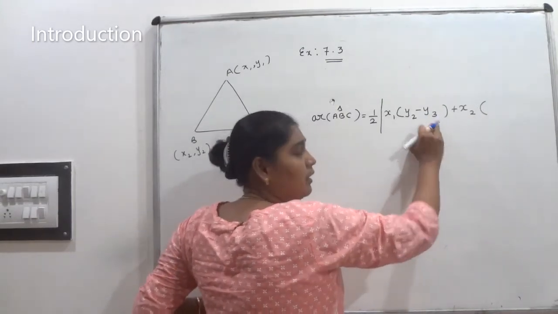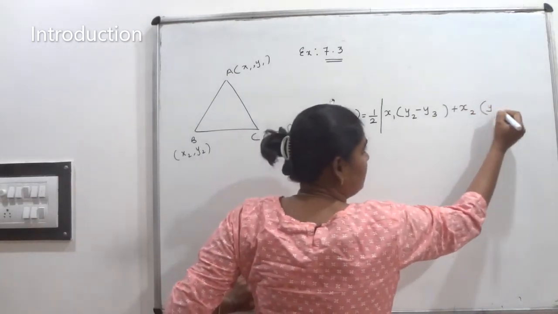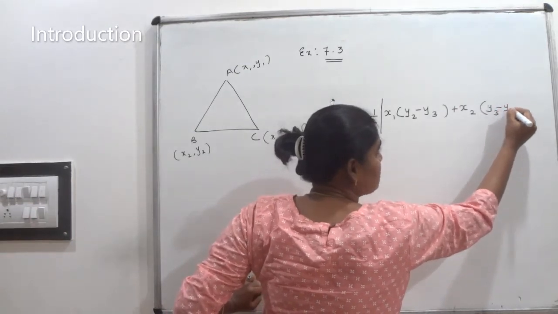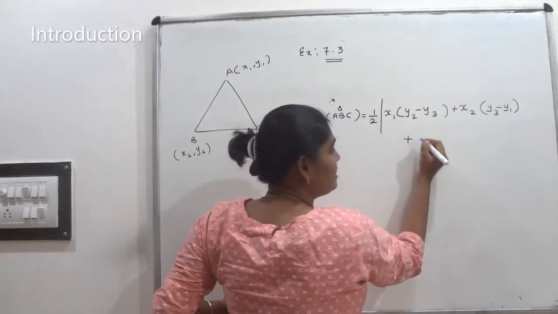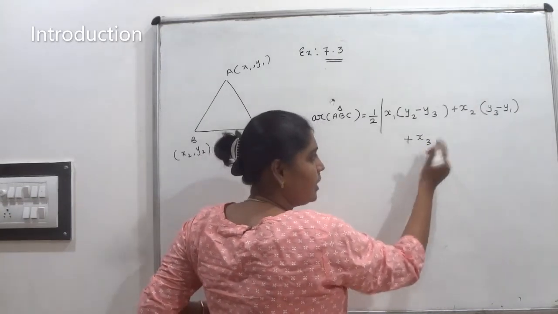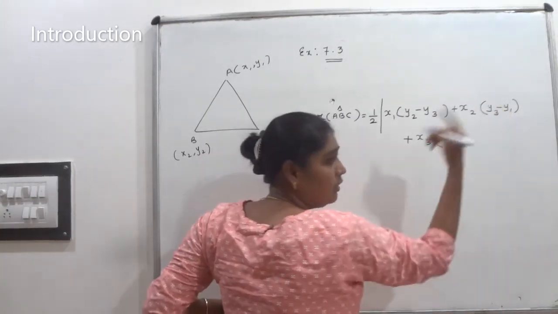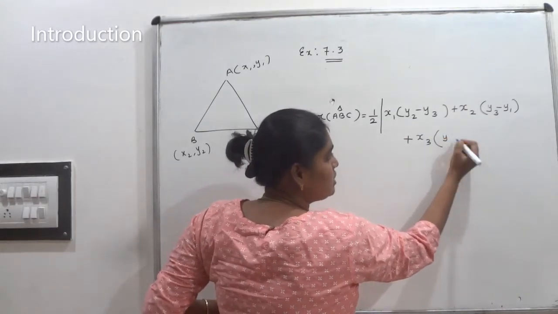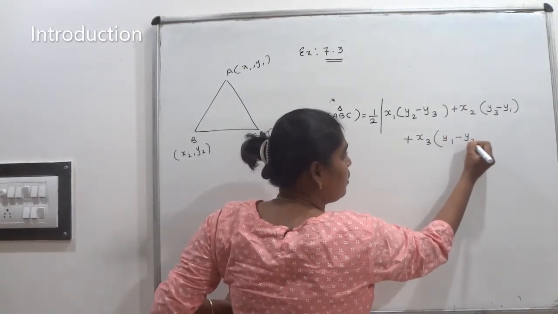Wherever you ended, the same way you have to start up here: y3 minus y1, plus x3. The x2 part is over, go for the x3 part, x3 into, wherever you ended, you have to start with the same part, that is y1 minus y2.